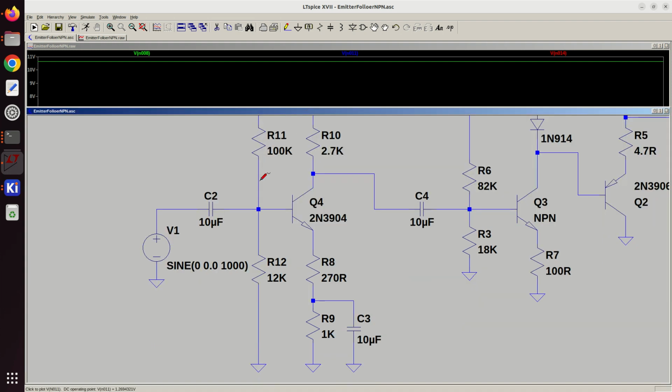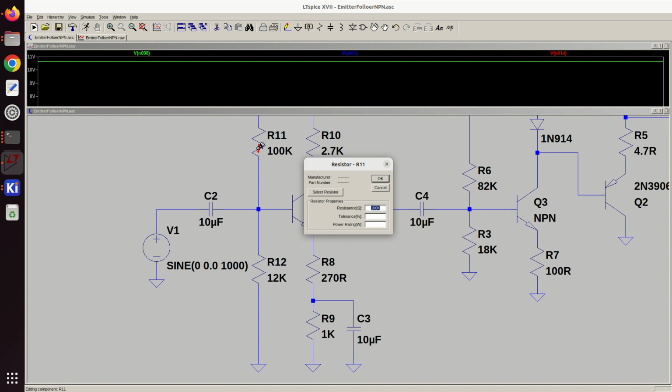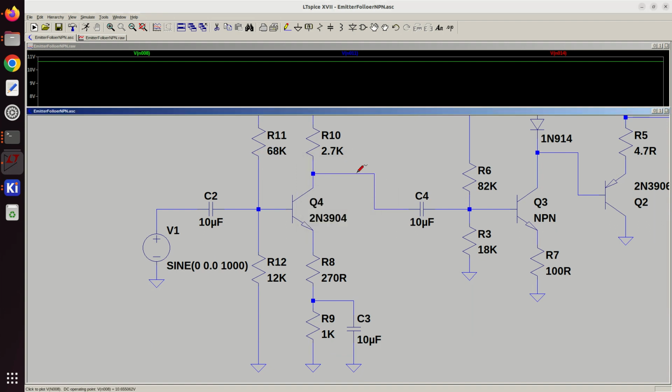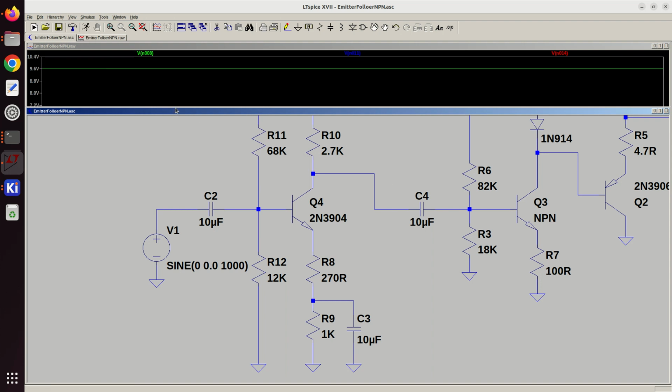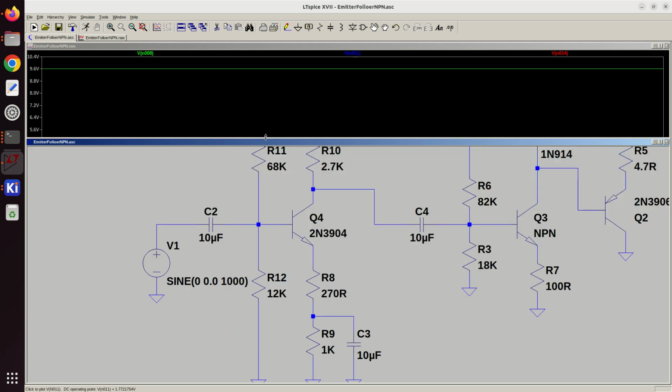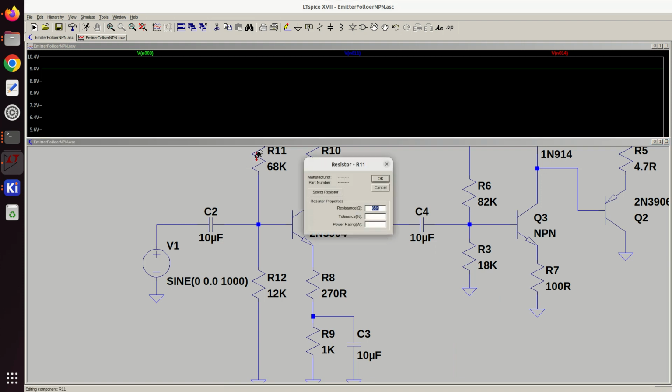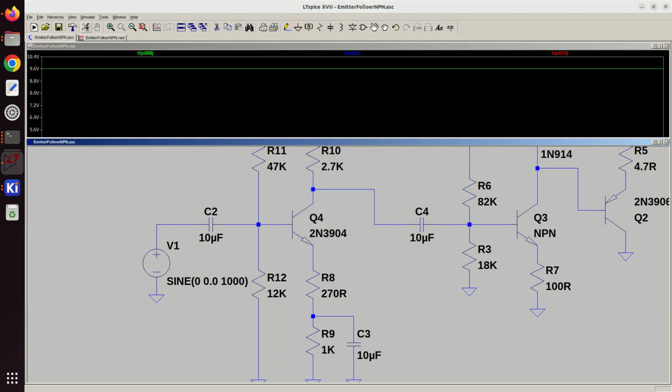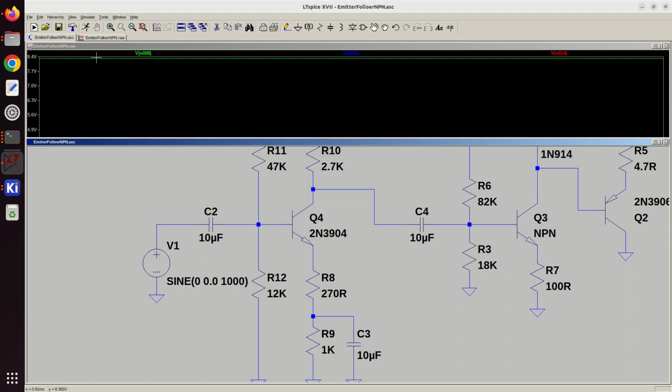So let's start adjusting this down. So let's try 68K. Okay, so we're now down at 9.6. It's still not enough. So let's do 47K. Okay, we're getting closer.